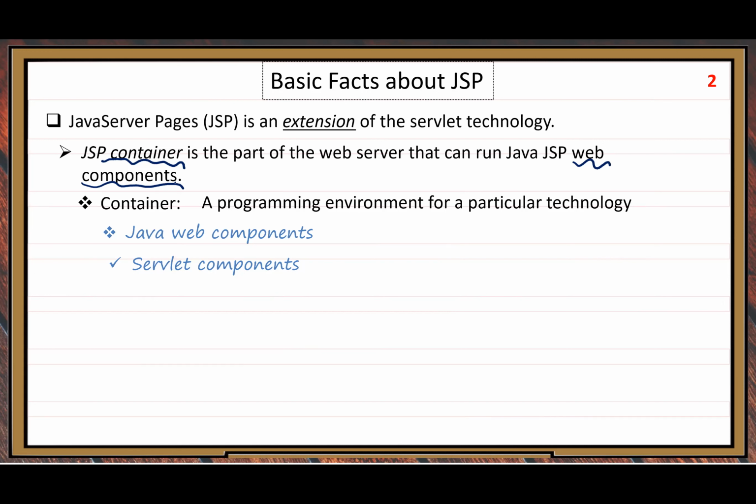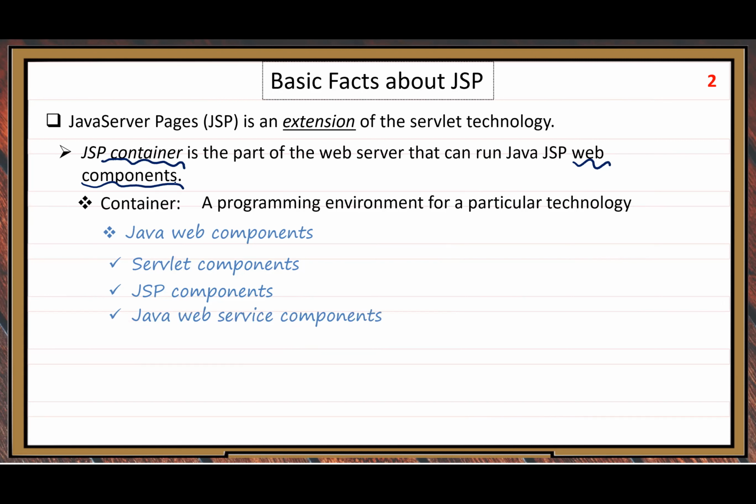You need a Java web server to run servlets. Without a Java web server, you cannot run servlets. So servlets are web components. JSP also relies on the Java web server environment.